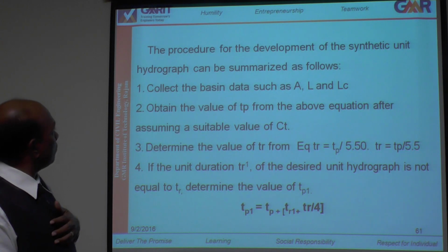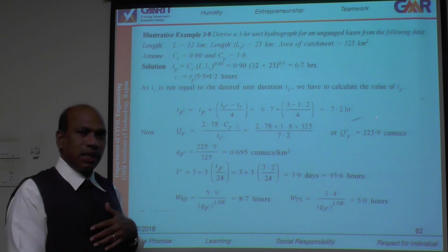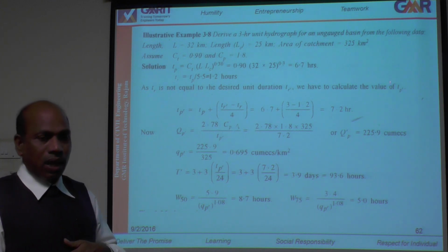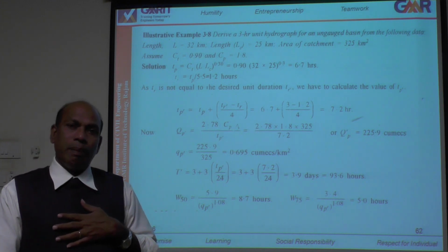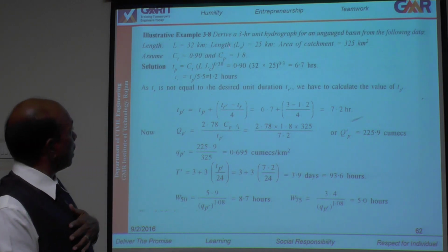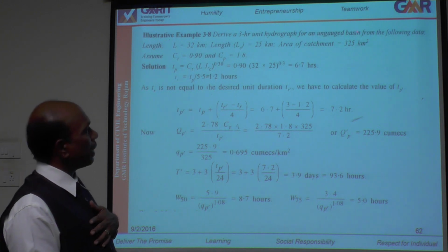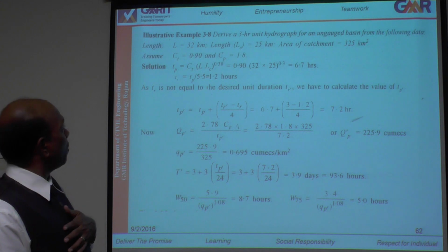So this is one problem here. How to construct the unit hydrograph given the characteristics of the basin and the area of the basin. Derive a 3 hours unit hydrograph for an ungauged basin, because there are no gauge readings, for the following data.